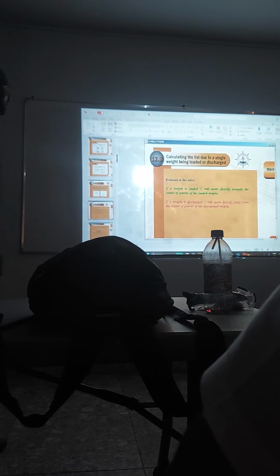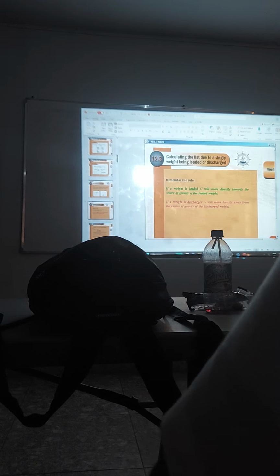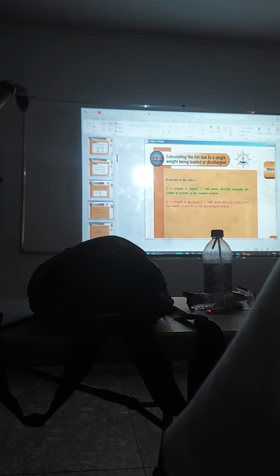Good. So if a weight is loaded, G will move directly towards the center of gravity of the load. And we understand this here. You understand me? The center of gravity is going to take position on the load, and not necessarily on the vessel. So it's going to take the center of gravity on the load, considering the weight of the vessel. Right? Good.